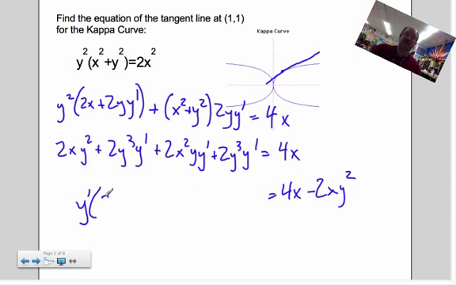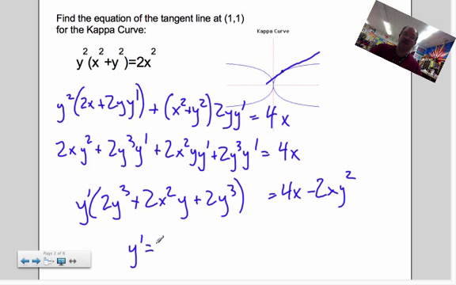So y prime times 2y cubed plus 2x squared y plus 2y cubed. Okay, that's what we get. My derivative then turns out to be y primed equals 4x minus 2xy squared over 2y cubed plus 2x squared y plus 2y cubed. Whew, there's a mouthful.